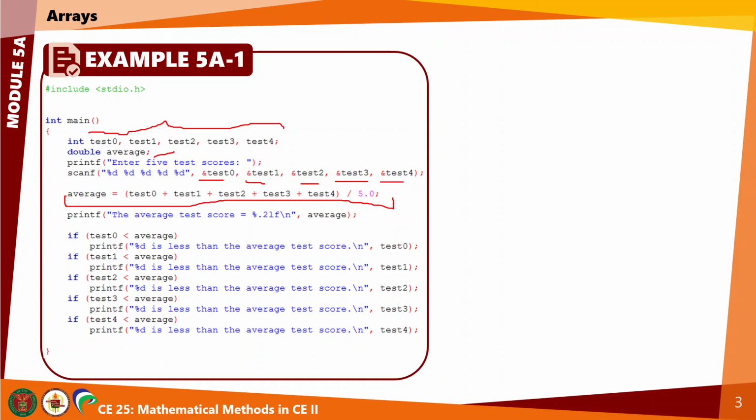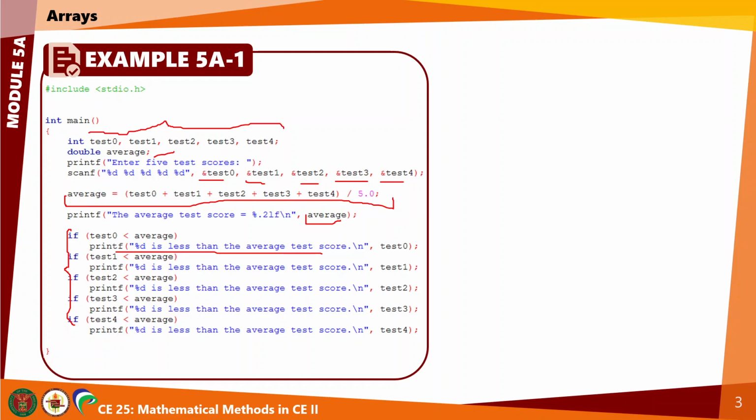And then it prints that average, and the other thing our program does is to check if each of those test scores is below the computed average score. If it is below, it prints a message that the test score is below average.